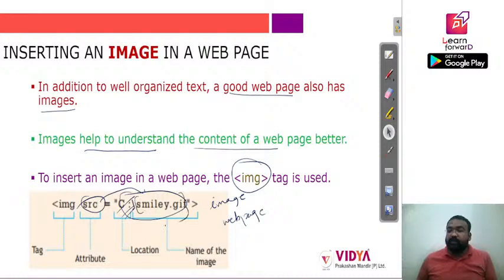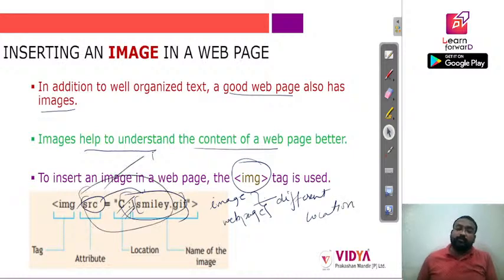You can directly give the name of the image. But if they are at different locations, then you have to provide the full path, wherever the image is residing in your system. Clear? So let's see its example.